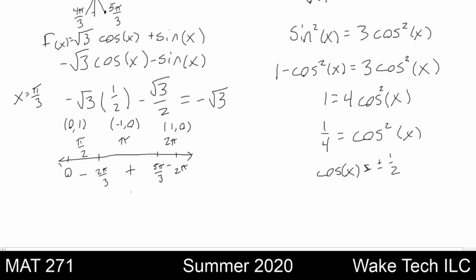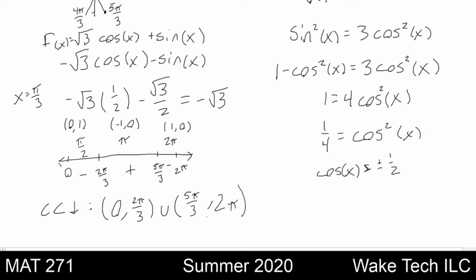Now a negative second derivative tells us that it's concave down. So it's concave down from 0 to 2 pi over 3. And from 5 pi over 3 to 2 pi.